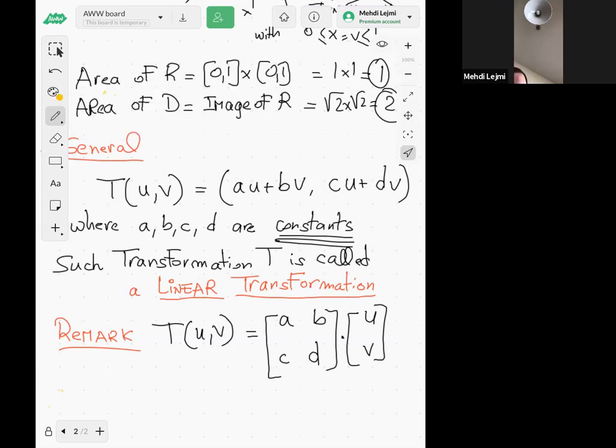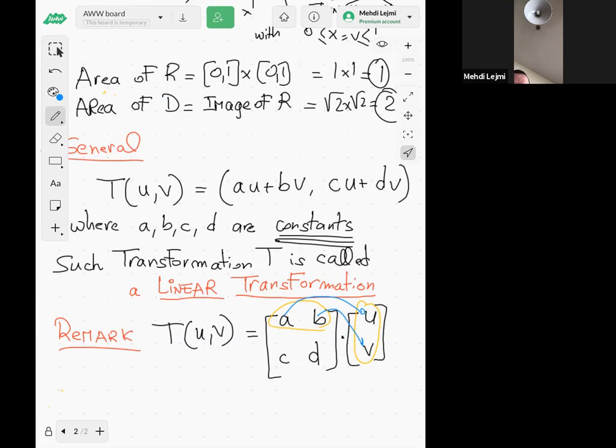In this case, we have this square matrix times the column (u, v). When you multiply, you take the first row times the first column, so it goes a times u plus b times v. That will be the first component.